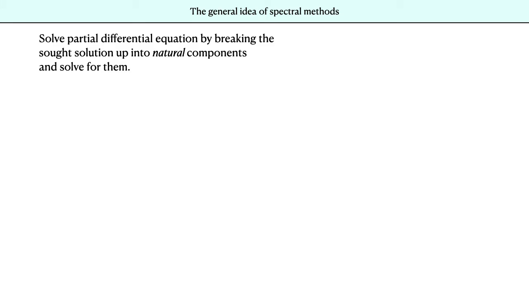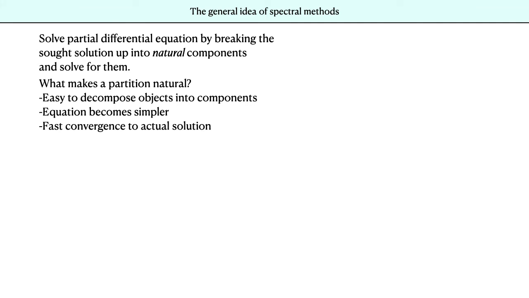Okay, so the general idea of spectral methods is to solve partial differential equations by breaking the solution up into natural components. It depends on the problem what components are natural to use. It should be easy to decompose the parts of the problem into the components.